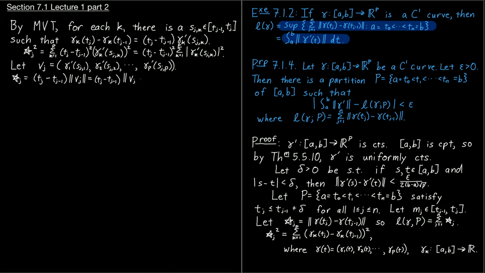And then we're going to break up vj by adding and subtracting gamma prime of mj.